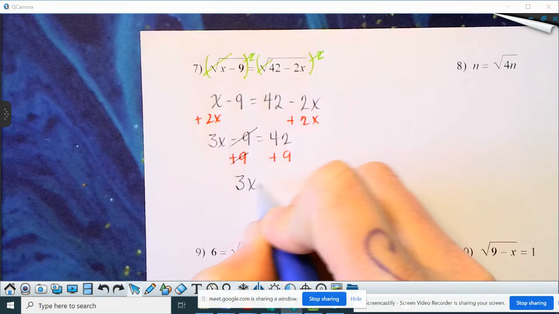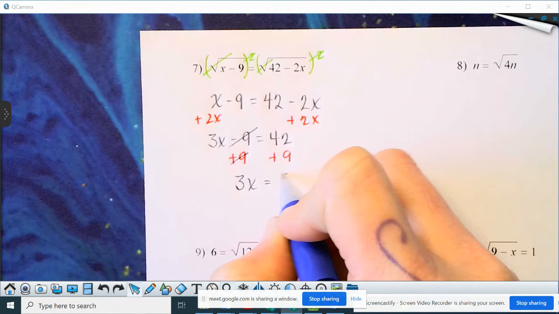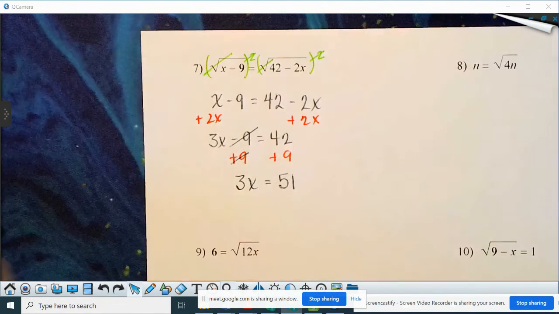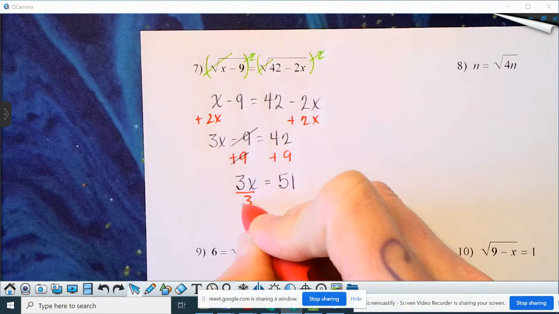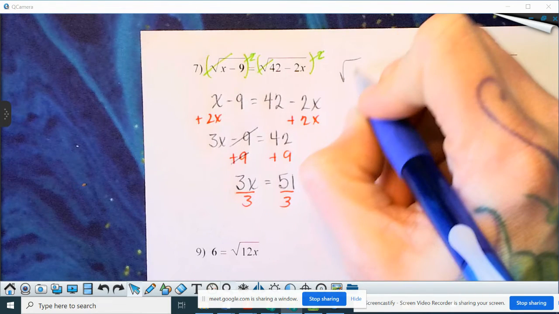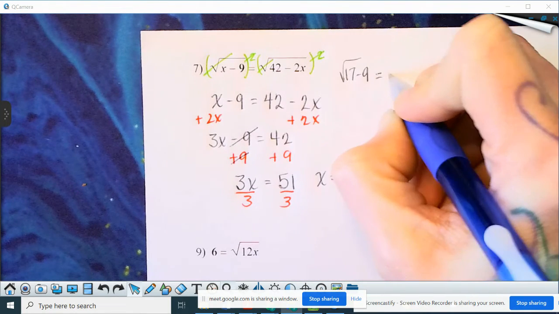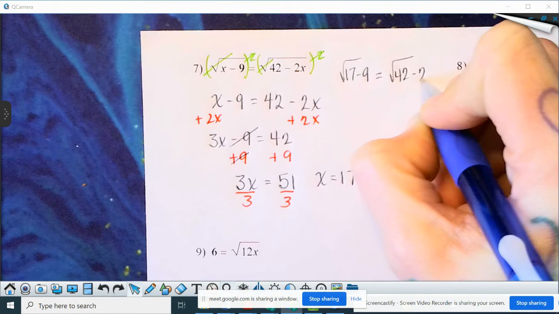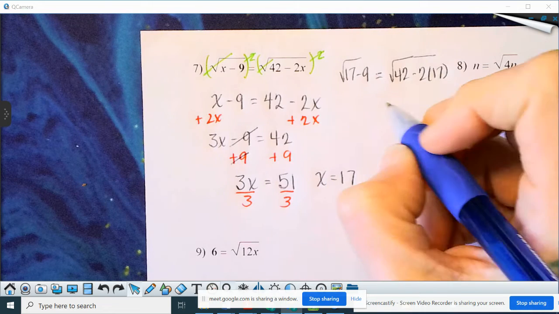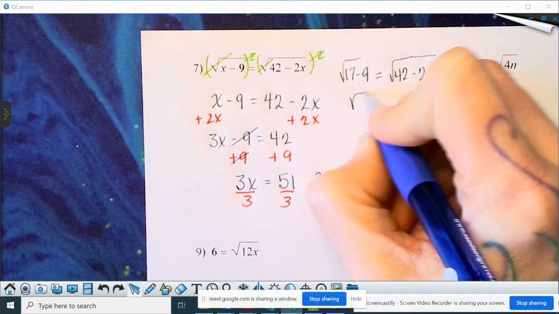So 3x equals 51. And that's 3 times x. So we're going to do 51 divided by 3 because that's the inverse of multiplication. So divide by 3 and x equals 17. So ideally, 17 minus 9 should be equal to 42 minus 2 times 17, and taking the root of that whole thing. 17 minus 9 is the square root of 8.